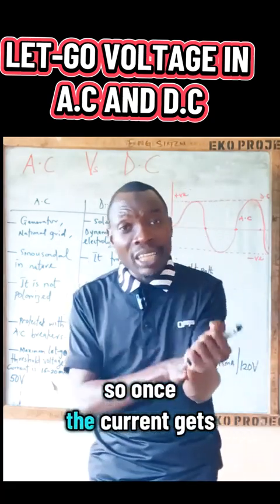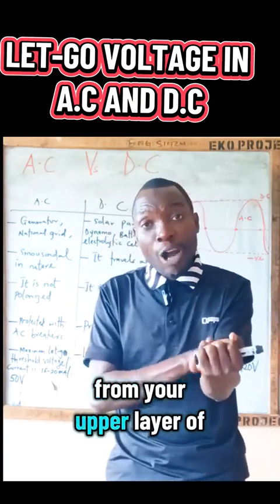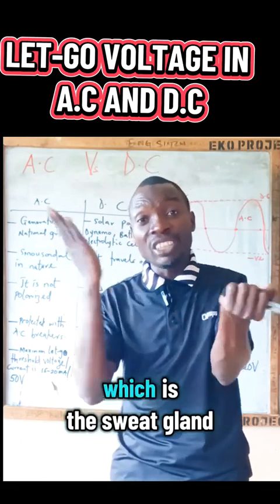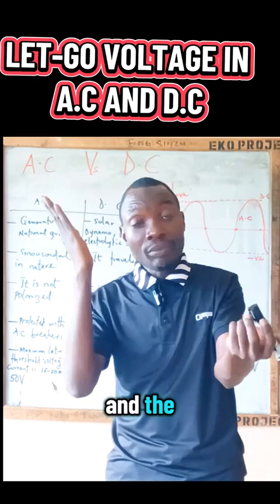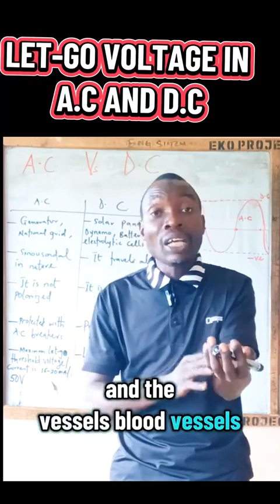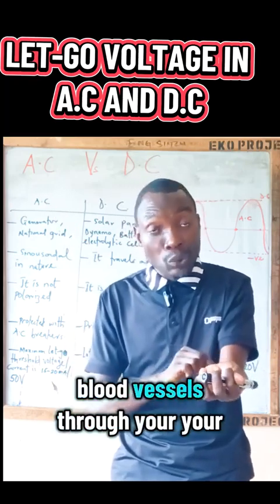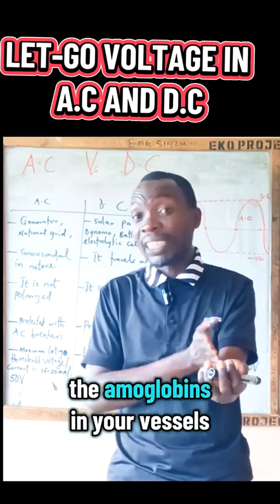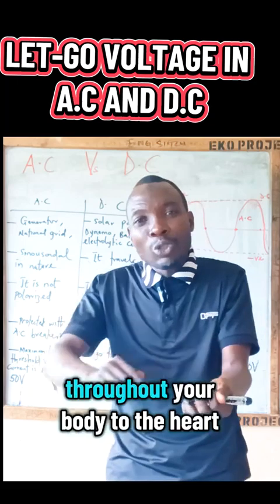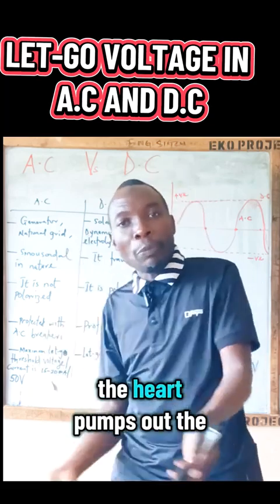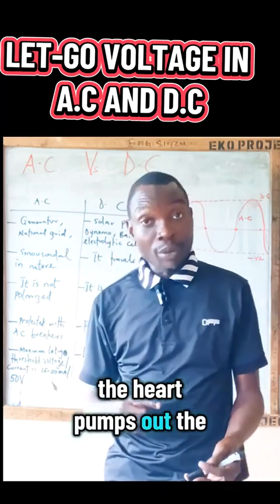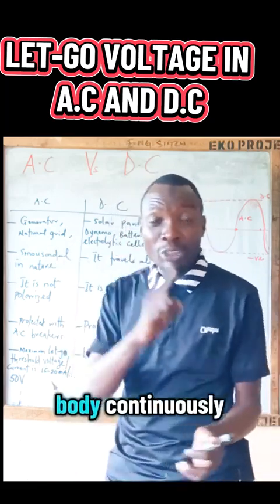So once the current gets from the upper layer of your skin down to the lower layer, which is the sweat glands and the blood vessels, this current flows through the blood vessels, through the hemoglobin in your vessels, throughout your body to the heart. The heart pumps out the blood again around your body continuously.